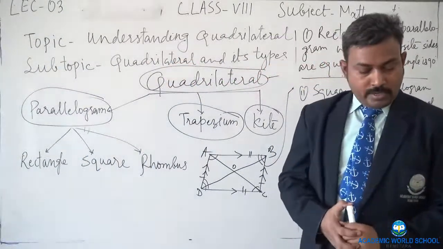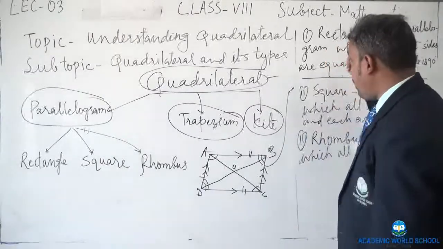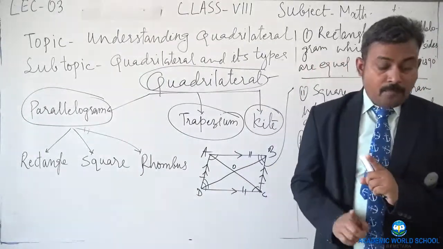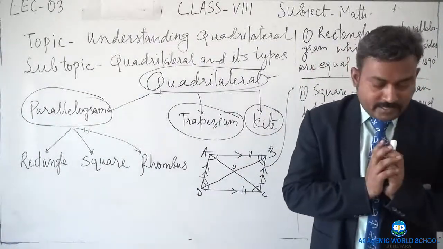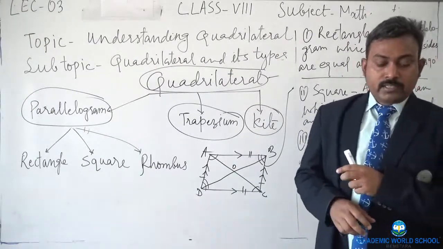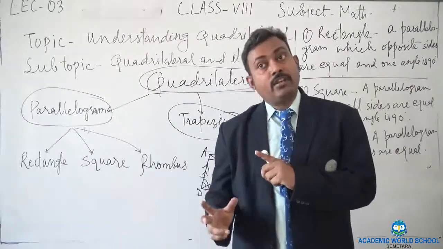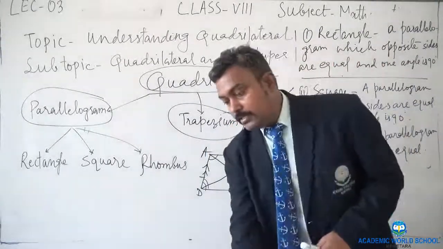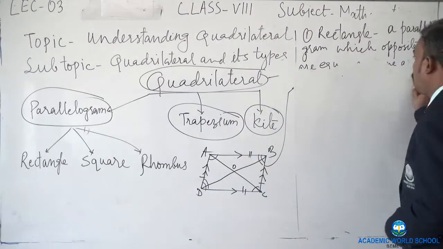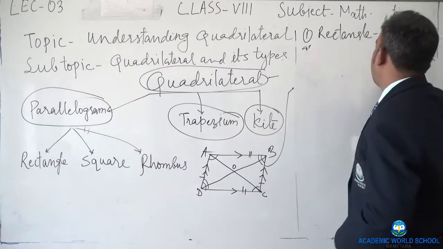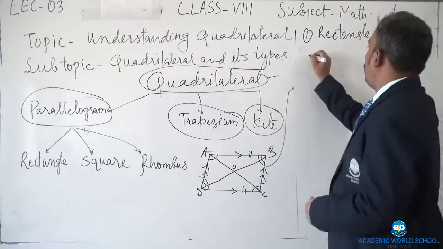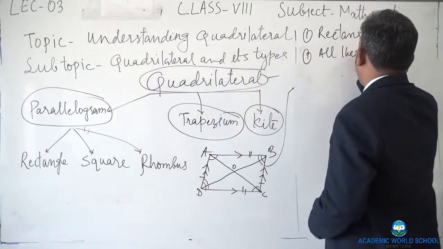Rectangle. All the properties of a parallelogram hold in the rectangle: opposite sides are equal, opposite angles are equal and diagonals bisect each other. Apart from that, diagonals are perpendicular to each other, which means diagonals bisect each other perpendicularly.